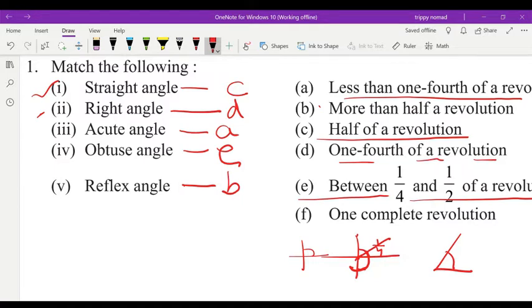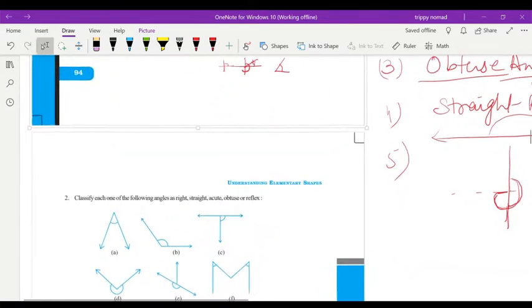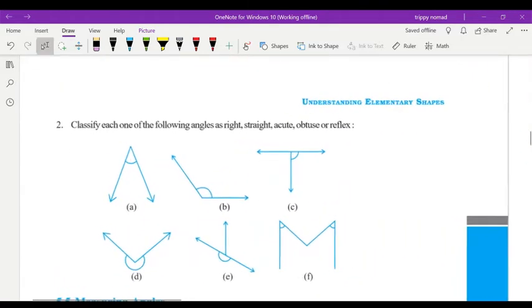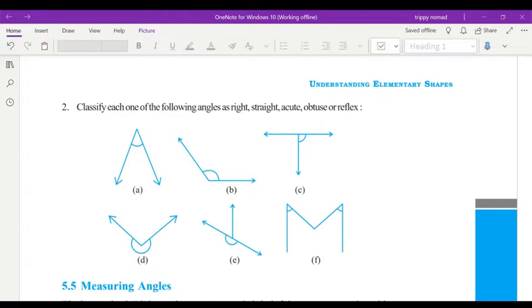Now the next one, question number 2. Classify each of the following angles as right angle, straight angle, obtuse angle and reflex angle. Very easily you can classify. This one, acute angle.